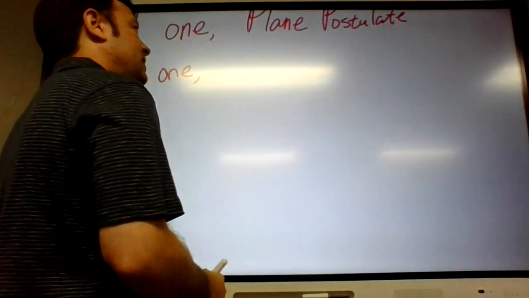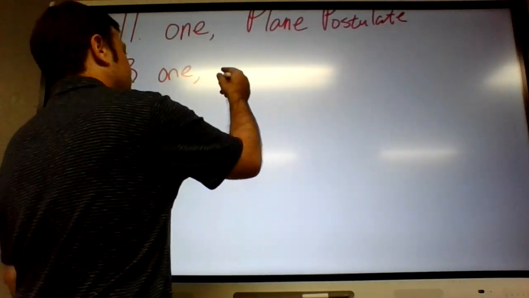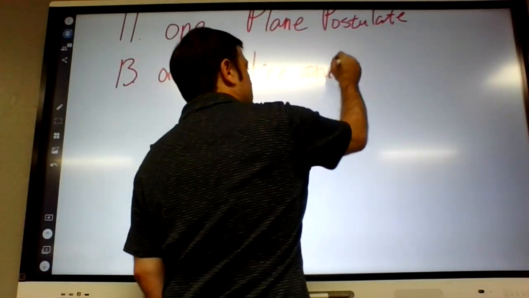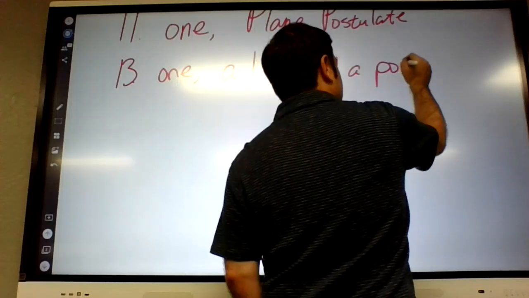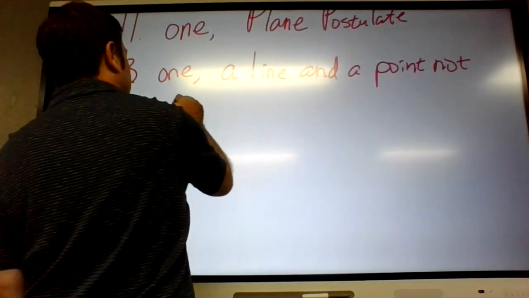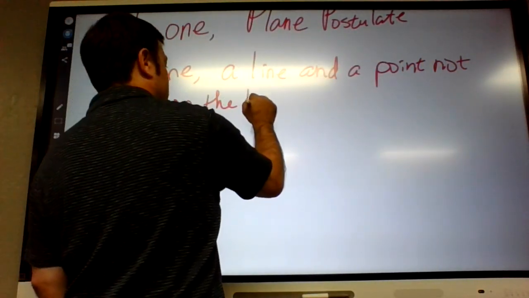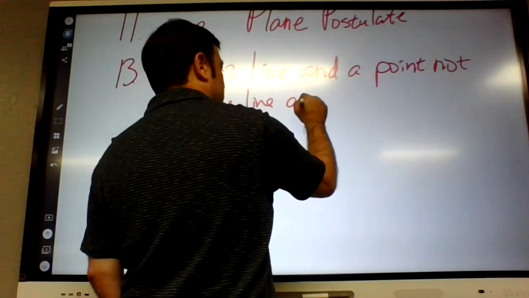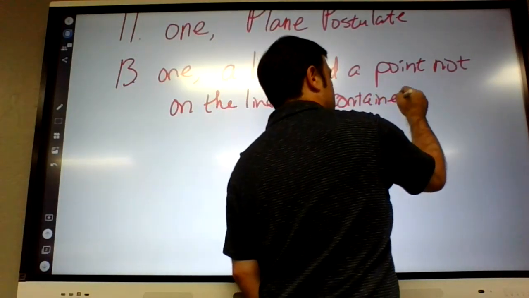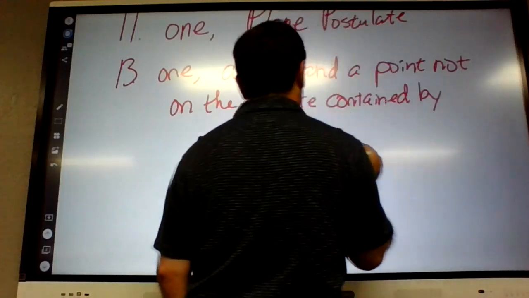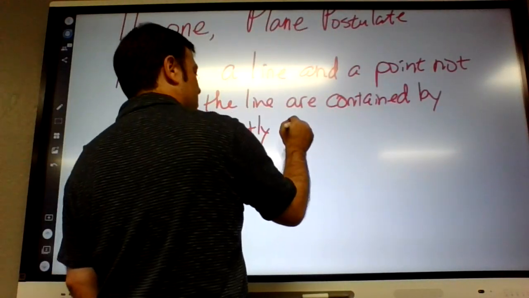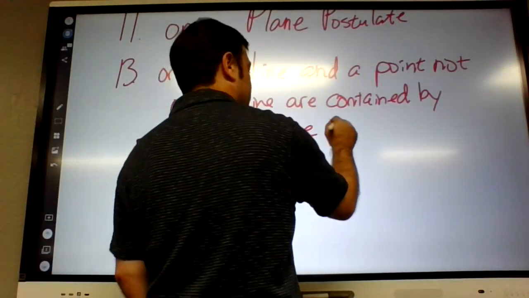Yeah, since it doesn't have a name, we're going to have to write it. A line and a point not on the line are contained by exactly one plane.